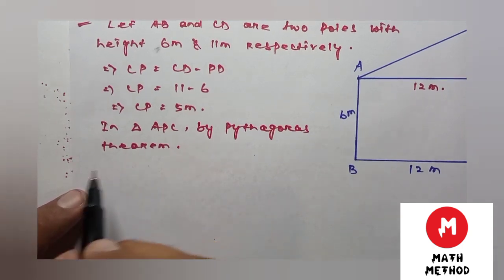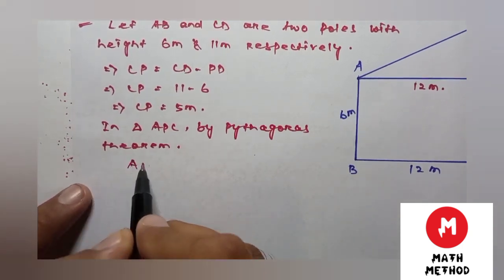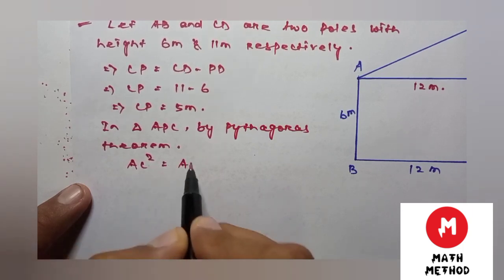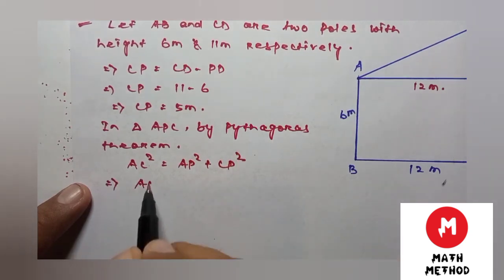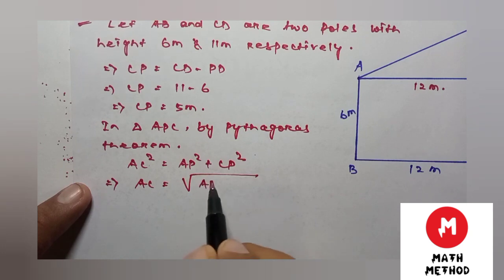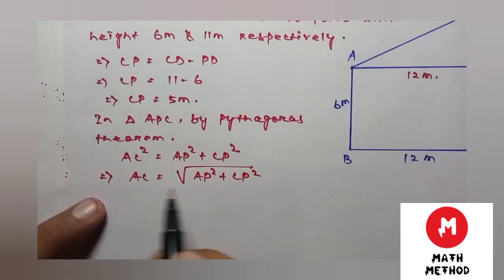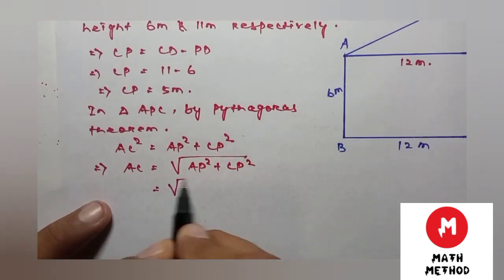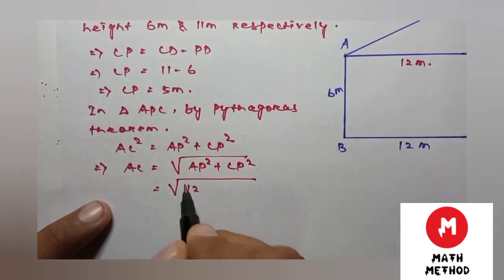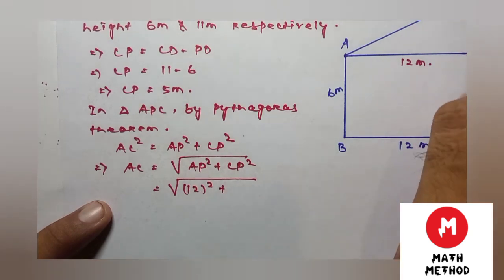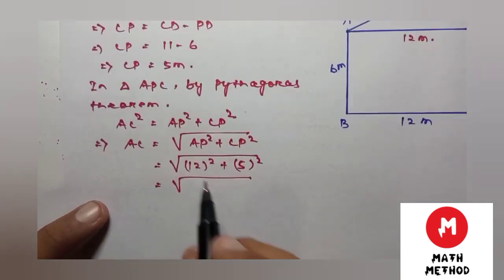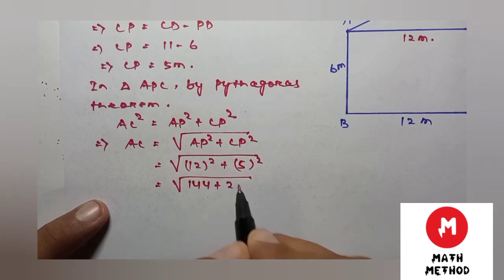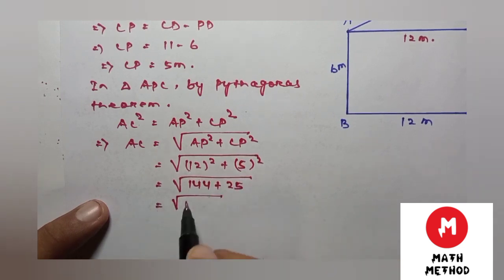So now here we will get AC square is equal to AP square plus CP square, implies AC is equal to root over AP square plus CP square, which is equal to root over 12 square plus 5 square, which is equal to root over 144 plus 25, which is equal to root over 169, which is equal to 13 meters.